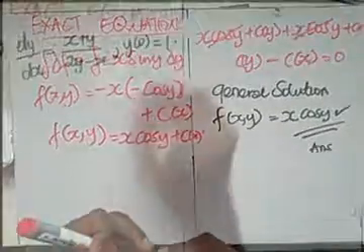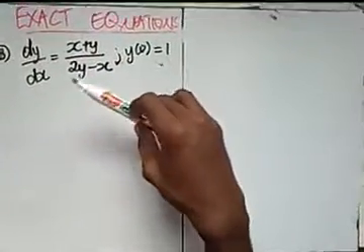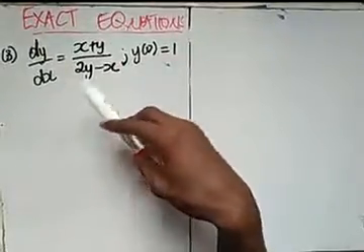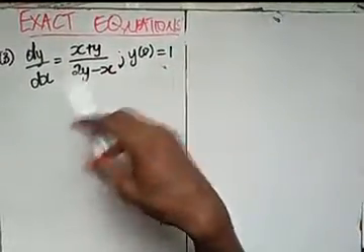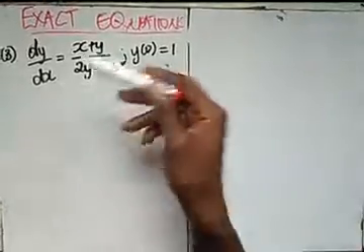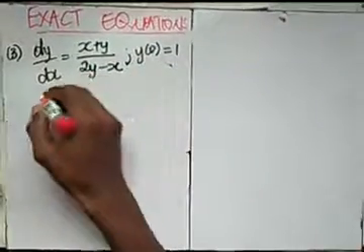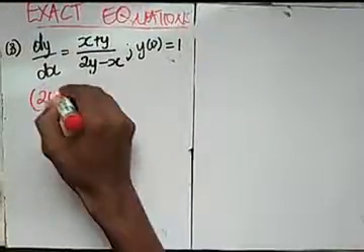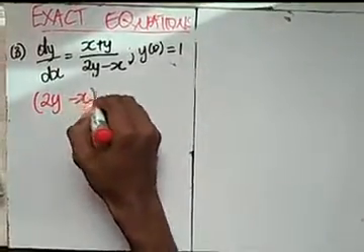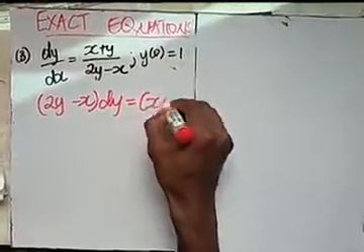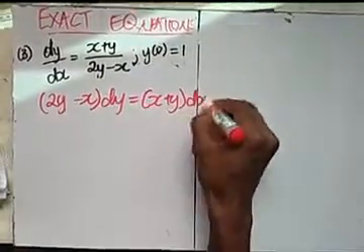Answer. Okay, here's the third example using exact equation to solve, and we can easily apply separating variables to solve before using exact equation. So let's try and apply separating variables to solve this one first. By applying separating variables, we obtain 2y minus x dy equals x plus y dx.